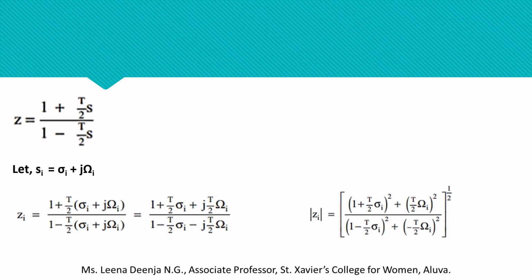Or modulus of z_i, that is magnitude of z_i, equal to root of ((1 + T/2 sigma_i)^2 + (T/2 omega_i)^2) whole divided by ((1 - T/2 sigma_i)^2 + (T/2 omega_i)^2).